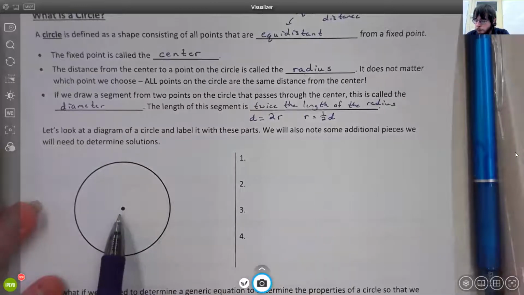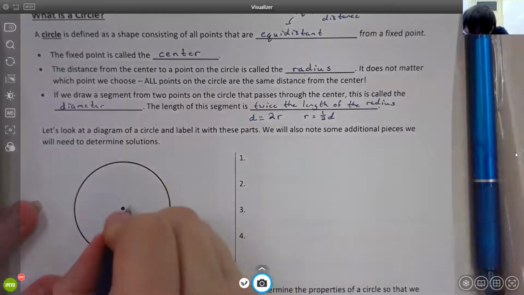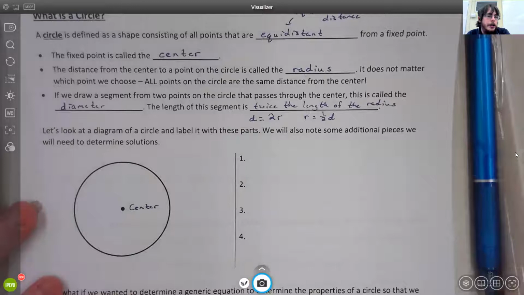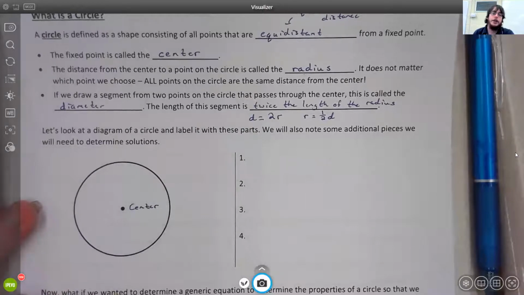So if we look here, this fixed point here, this is our center. Okay, that's our center. So the center of a circle is very important, but it's not necessarily graphed alongside the circle. Okay, we do a lot, and most of the problems we do have those things, but it's more of a visual aid than anything else.